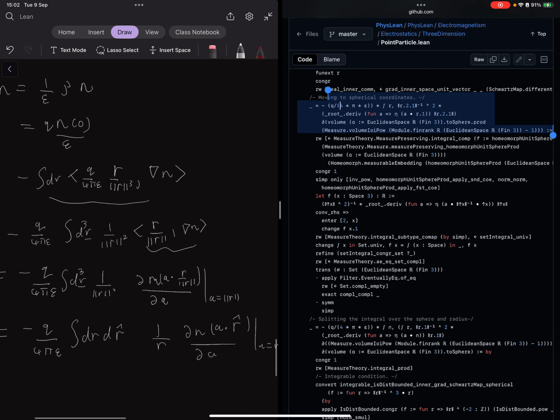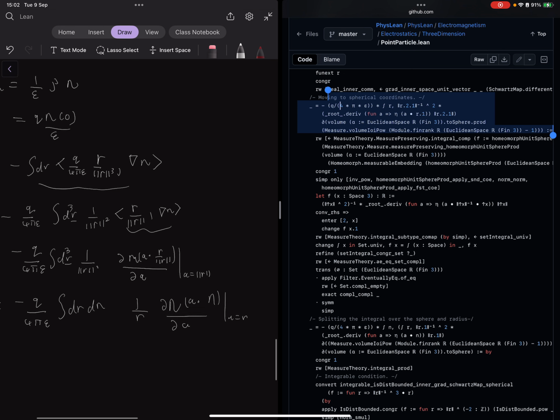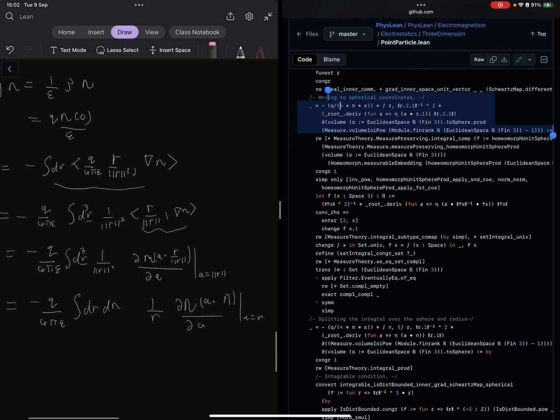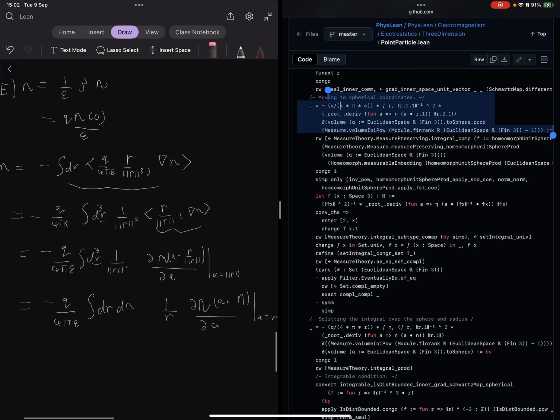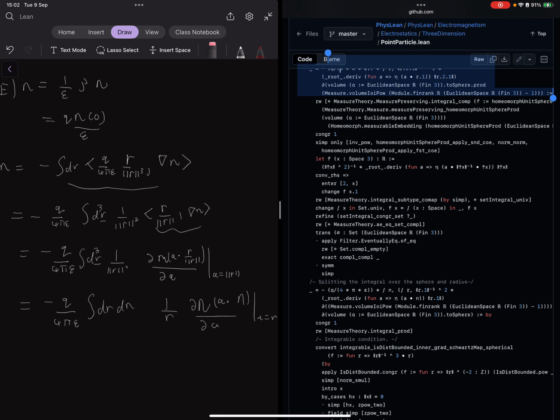Let me just call this hat r thing n. And I'm going to try and really be careful to distinguish between my eta and my n. So we can actually rewrite this now as the following. This is equal to minus q over 4 pi epsilon.